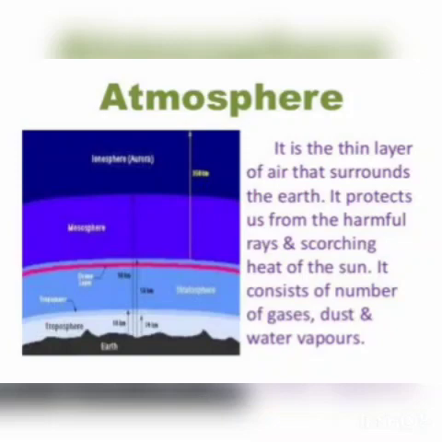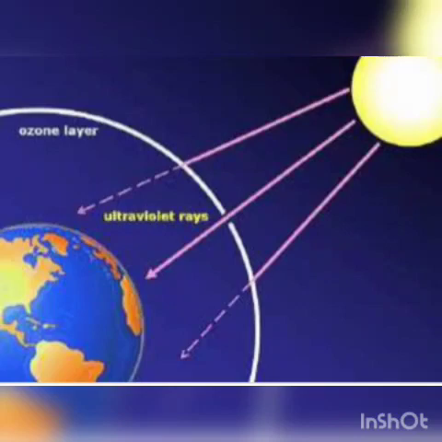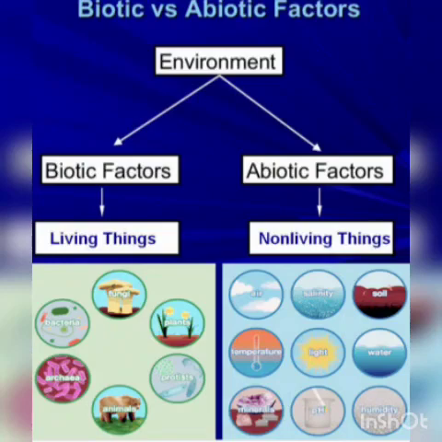The atmosphere sustains life by providing different life supporting gases on our earth. It protects the earth from harmful ultraviolet rays of the sun and also regulates the temperature of the earth. Therefore, the earth is habitable for all the living beings. So these were some types of abiotic factors.